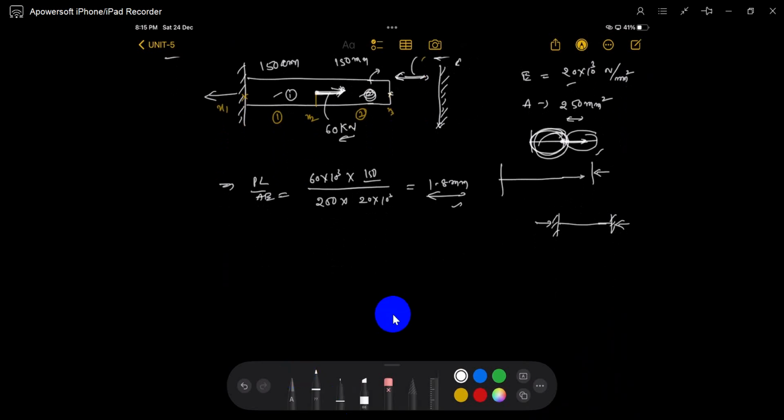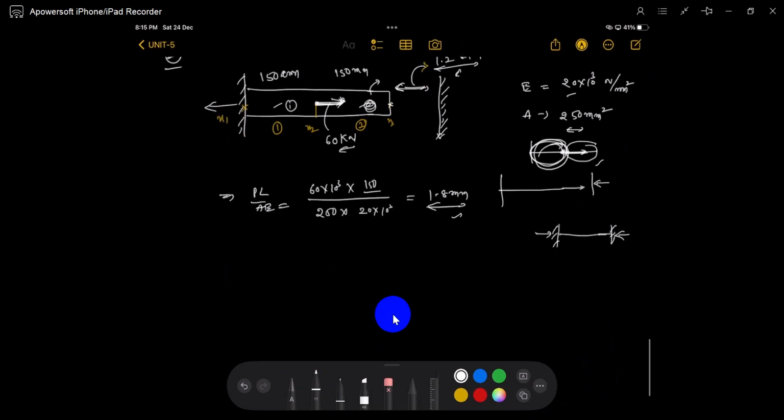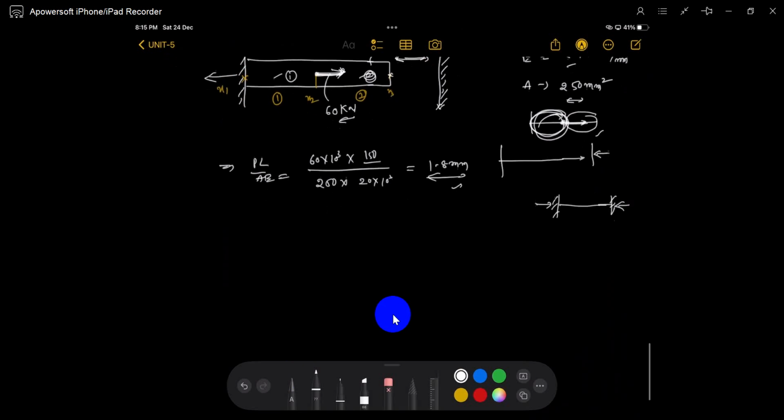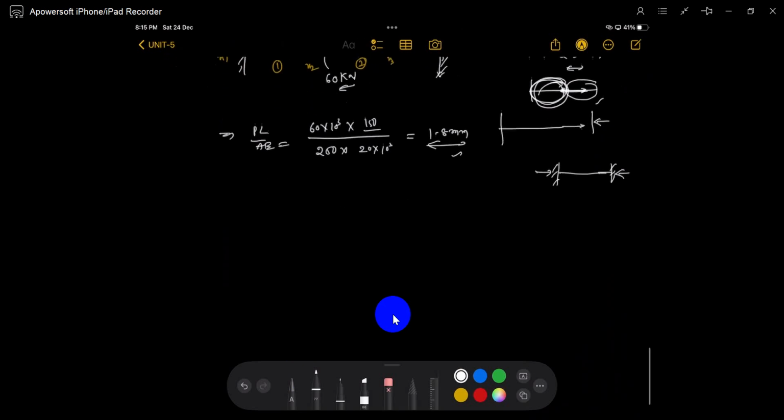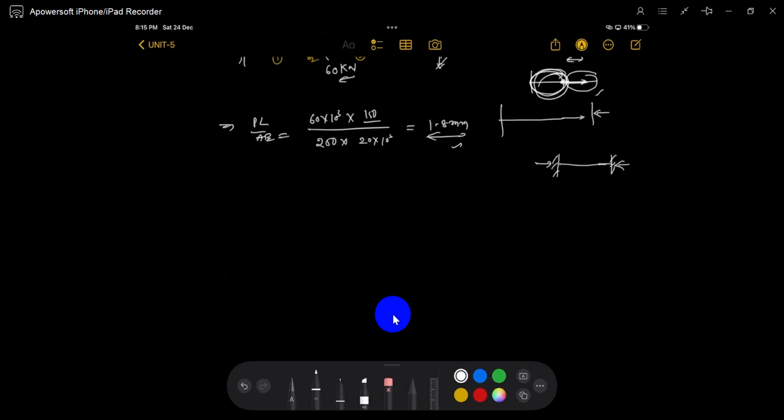So certain displacement, 0.6 mm, is restrained. For that restrainment, you experience a certain force. So we will solve it. Nothing more, just what we have seen previously, same thing.